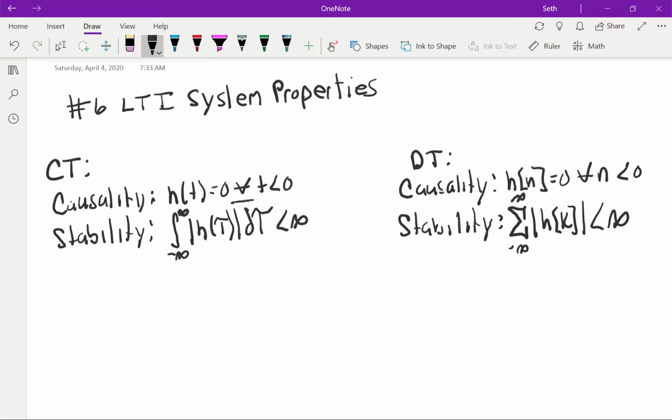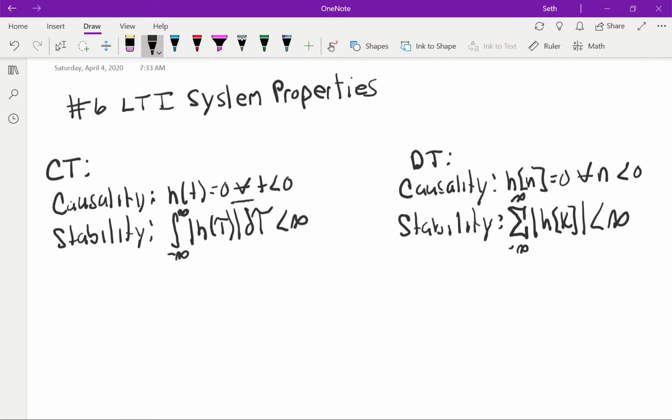The stability condition is that the integral of the magnitude of h of tau, where we've made a variable substitution, just t for tau, tau for t, the magnitude of h of tau from negative infinity to infinity, must be less than infinity.